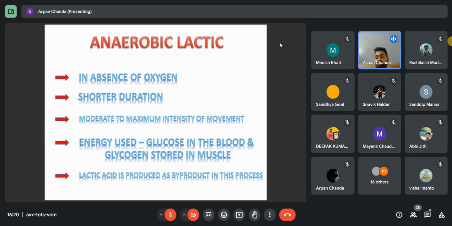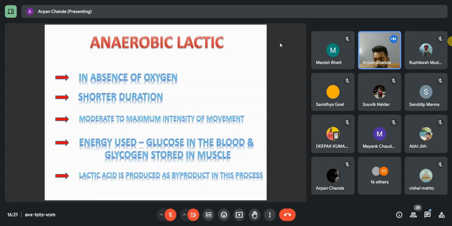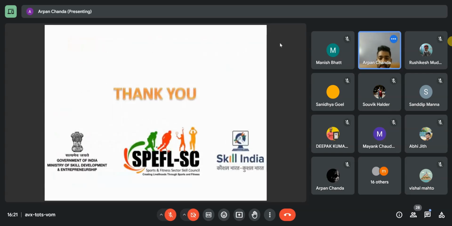If someone is interested in doing these certifications, they will get a basic PDF. I will share the PDF with Mayank. You can take it from Mayank. Anyone else who wants to know something?